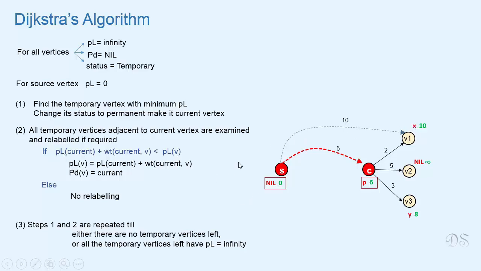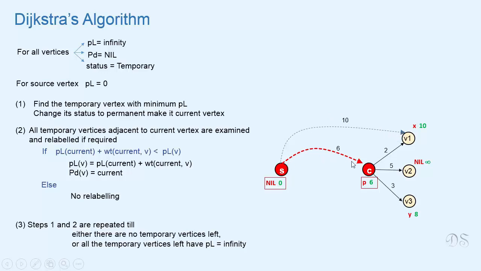Now we check this condition for this vertex V1. Path length of current vertex is 6. Path length of V1 is 10. And the weight on this edge is 2. Now 6 plus 2 is less than 10. So this condition is true. It means that we have found a shorter path to vertex V1. Till now we knew that shortest path to V1 was of length 10.